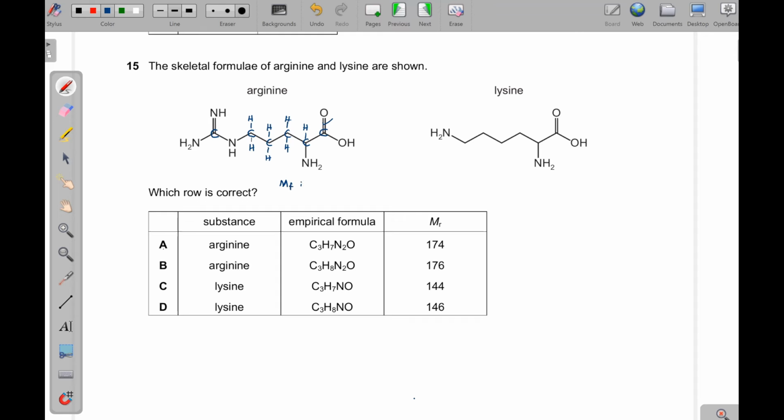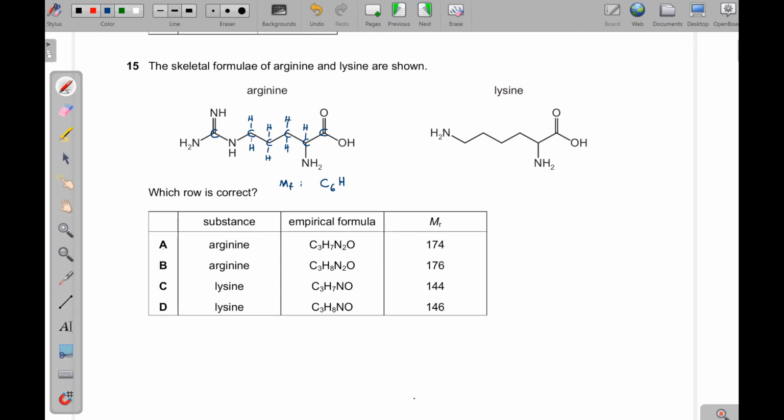Now, what is the molecular formula? The molecular formula here is going to be, how many carbons are we seeing? 1, 2, 3, 4, 5, 6. Those are 6 what? Carbons. So if we are having 6 carbons here, what about hydrogens?